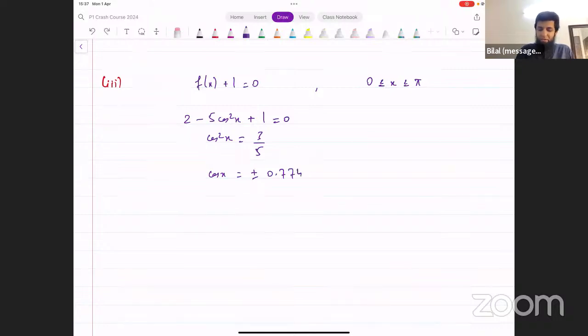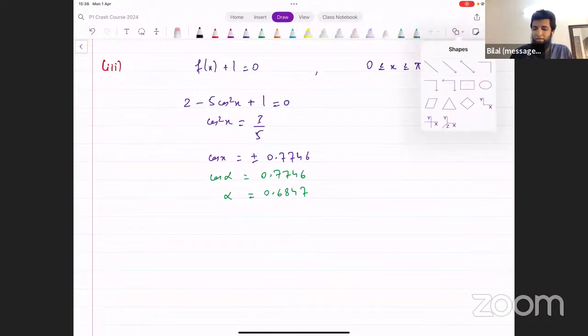In fact, you find the basic angle first by writing it as cos alpha equal to the positive value on the right side, 0.7746. You'll find the basic angle, cos inverse of 0.7746, that's 0.6847. That's the basic angle.